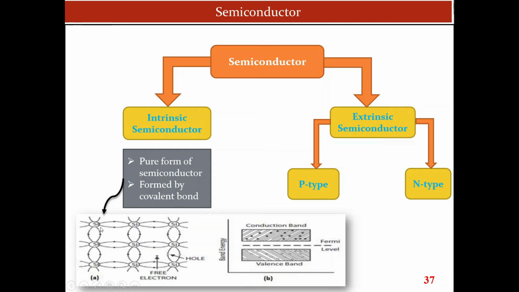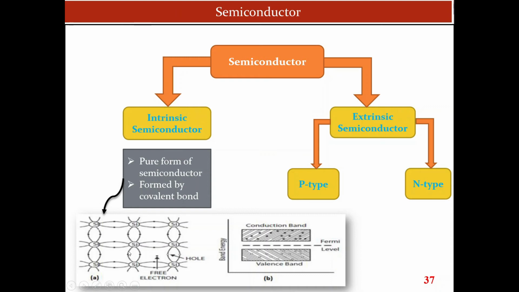This one also has 4 electrons in the outermost shell, so they are covalently bonded with the neighbors. We have 2 electrons here, 2 electrons, 4, 6, 7, and 8. So this is a covalent bond, a pure form of semiconductor. The pure form is called intrinsic semiconductor.